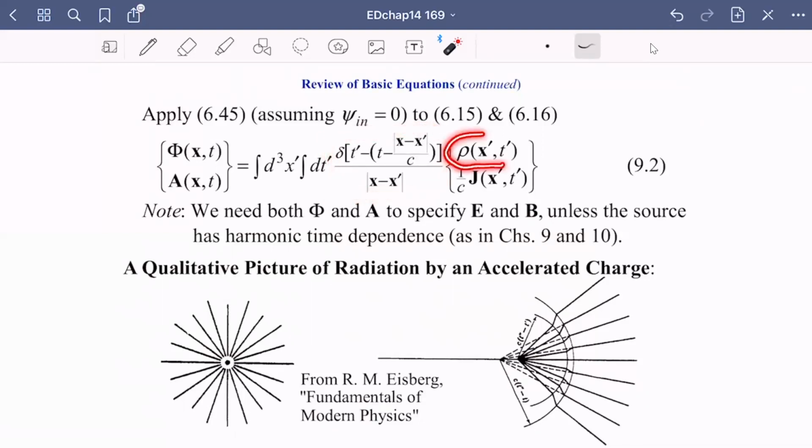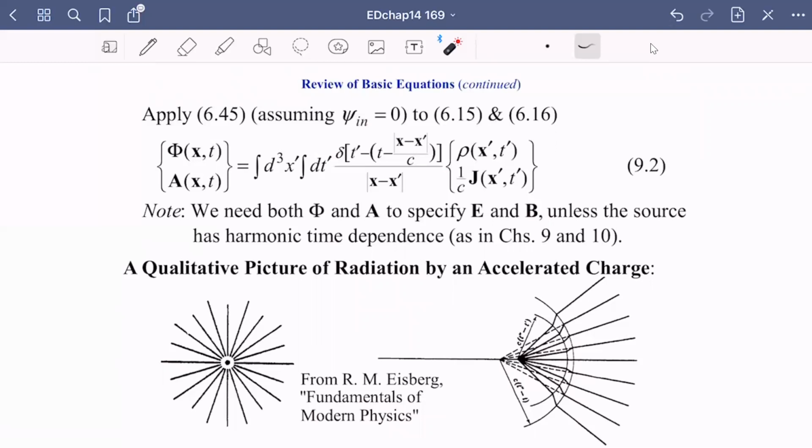This is source term. With this source term, we can calculate phi and A. Now we need both phi and A to specify E and B, unless the source has harmonic time dependence, just like in chapters 9 and 10.